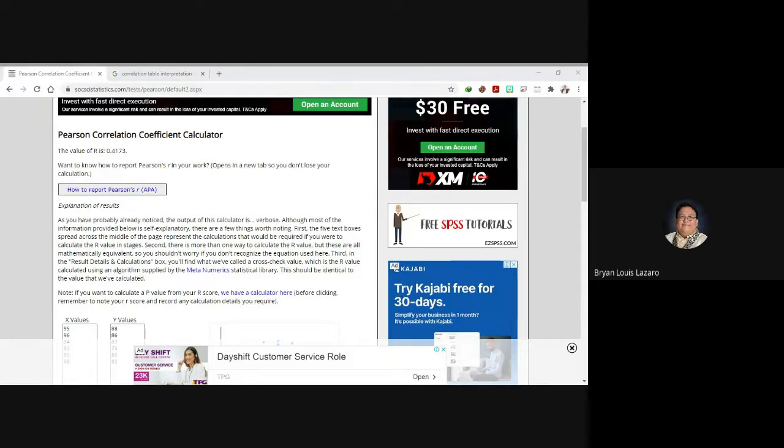Magkakaroon siya ng ibang resulta, at maniniwala tayo doon sa resulta ng mathematical computation. Because as you all know, mathematics can provide us an exact answer.